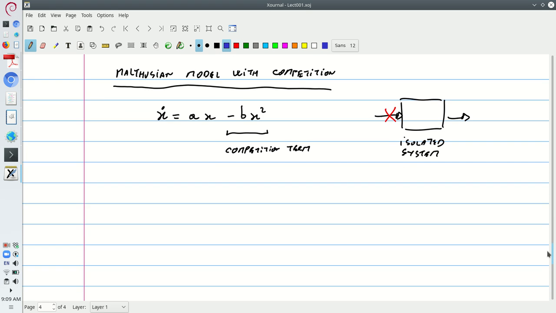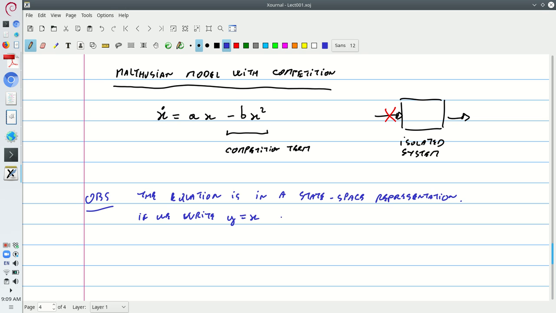So what I'm going to say here, just summarizing as an observation, the equation is in a state space representation if we write y equal to x as its output, we get an explicit input output representation.